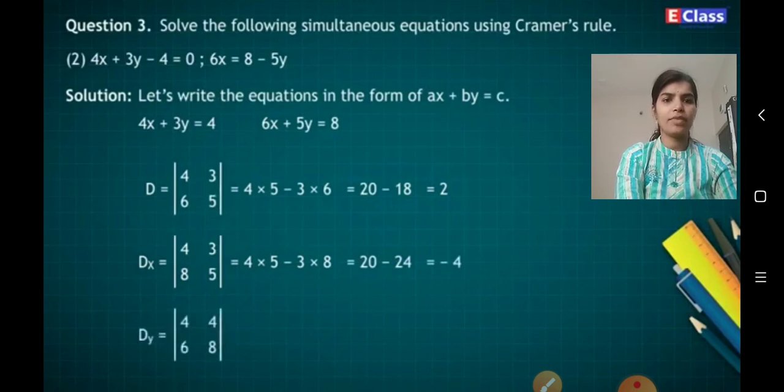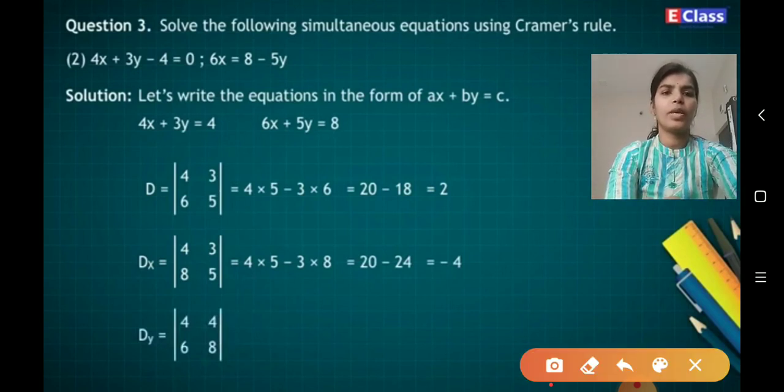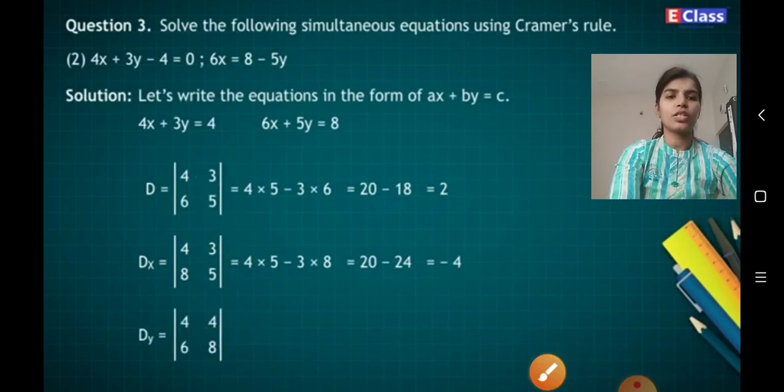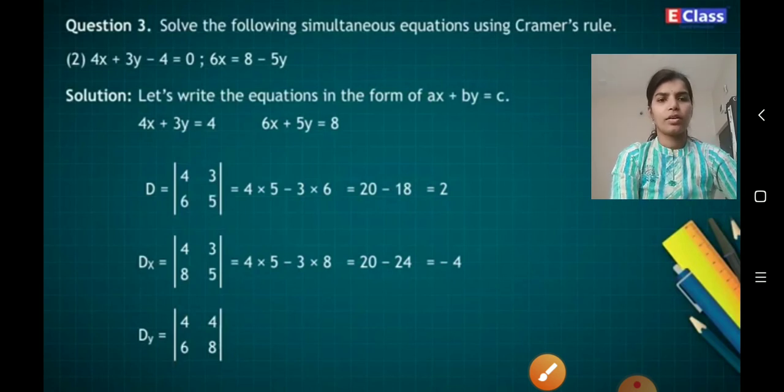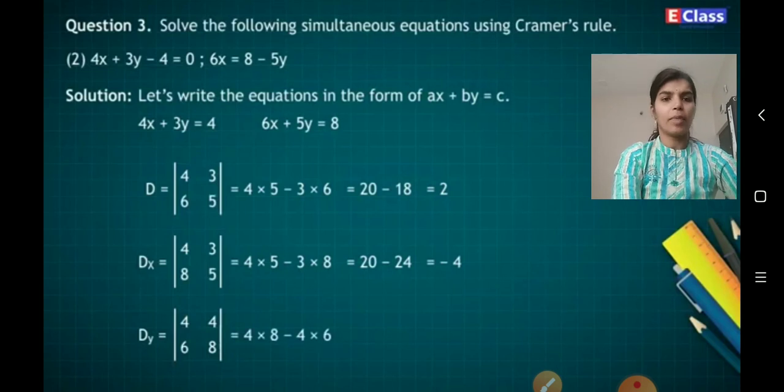And then Dy. Instead of b1, b2, we write c1, c2. Then next you just solve that determinant. We multiply 4 into 8 minus 4 into 6. 4 eights are 32, minus 4 sixes are 24.